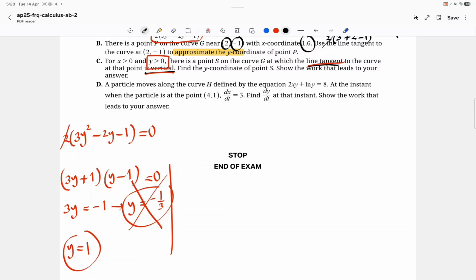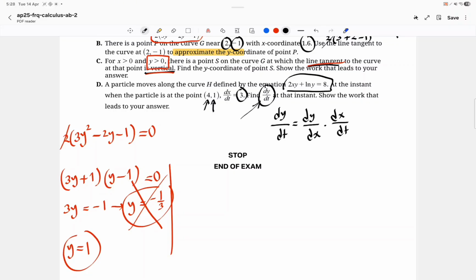Now part D says that we have this equation for the particle moving along the line. When the particle is at (4, 1), dx over dt is equal to 3. They want us to find dy over dt. So look, dy over dt is equal to dy over dx times dx over dt, which is already 3.